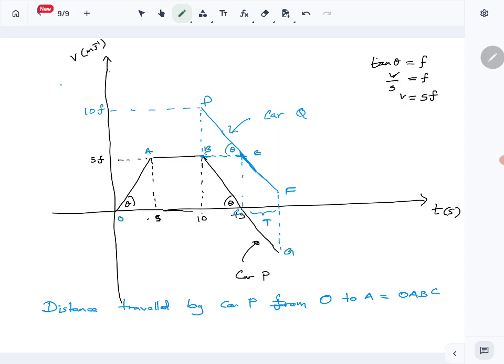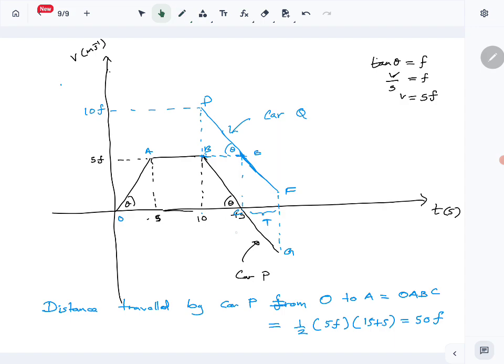Right. Then that area is how much? That area is half into height is 5f into the parallel sides. Parallel sides are 15 seconds plus 5. So this is 50f. Right. So that is the distance traveled by car P from O to A.